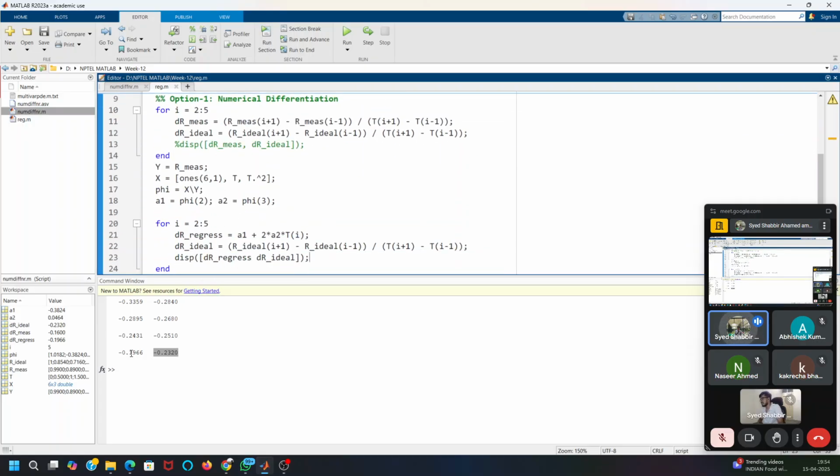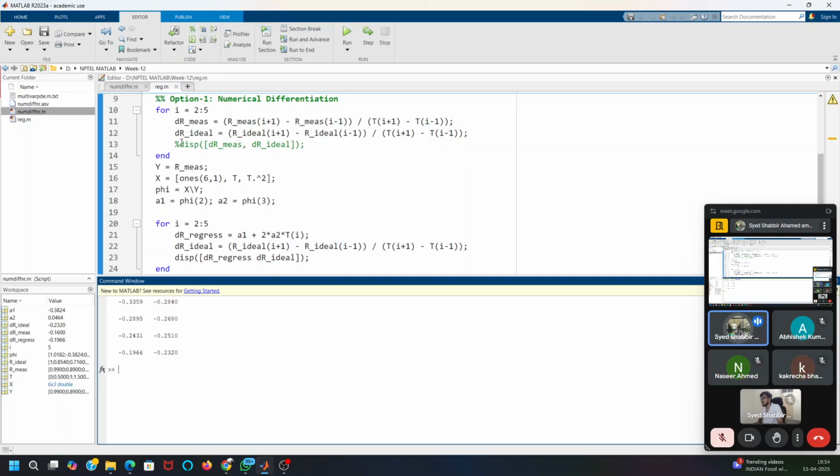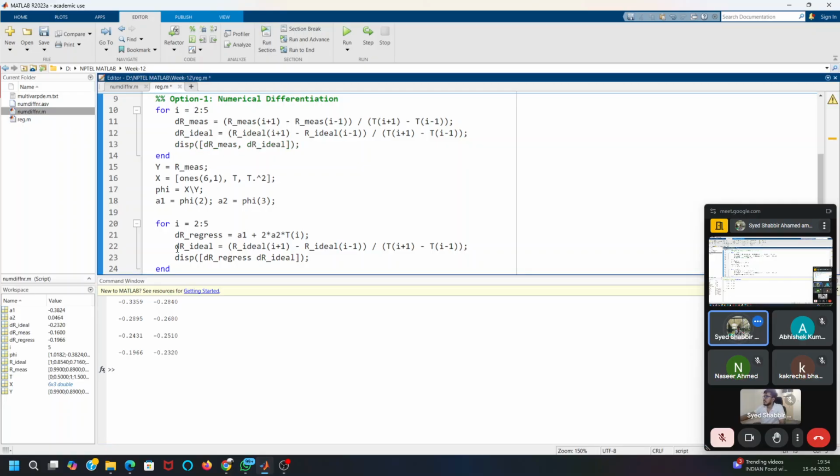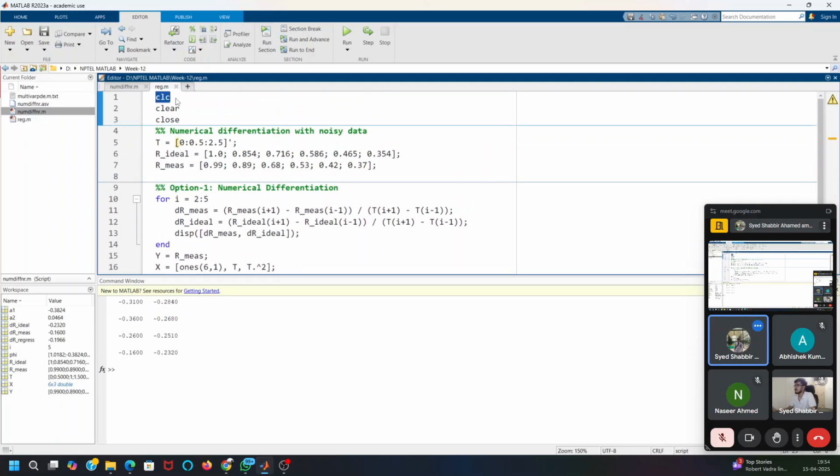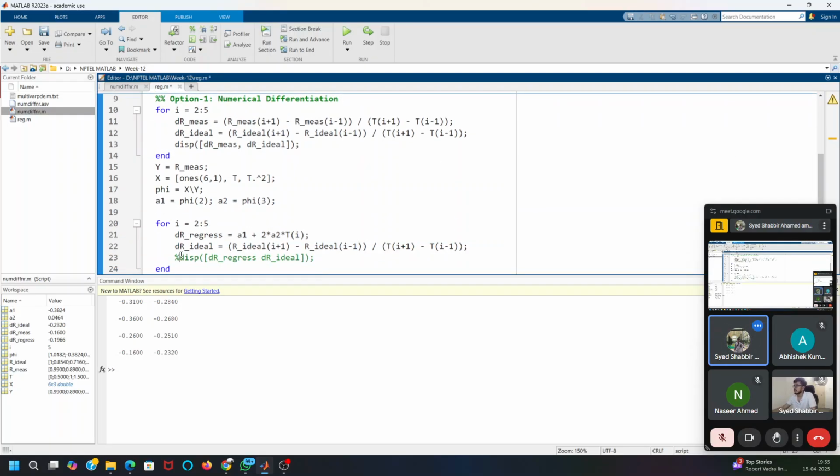Compared to the earlier part, if I just suppress it and run it, it's getting clear, right?